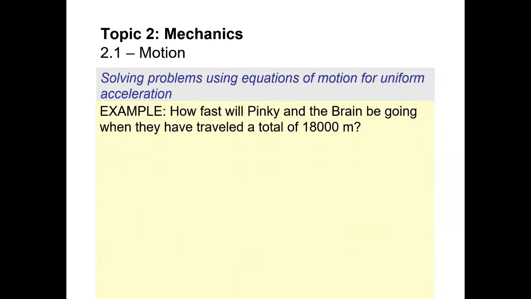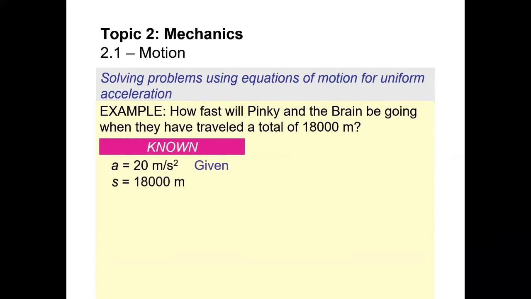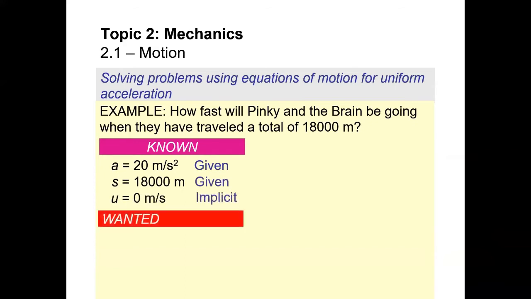How fast will Pinky and Brain be going when they have traveled a total of 18,000 meters? Known: acceleration is 20 meters per second squared, given. Displacement is 18,000 meters, given. Initial velocity is 0 meters per second, implicit. We want the final velocity.